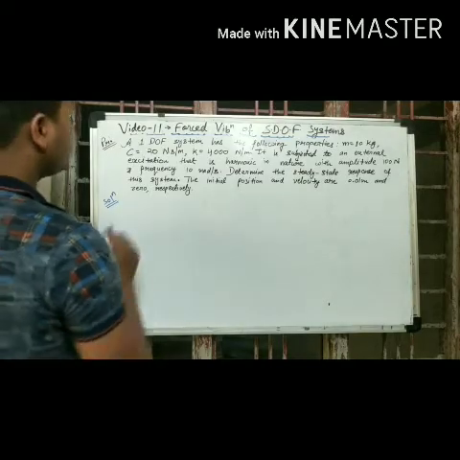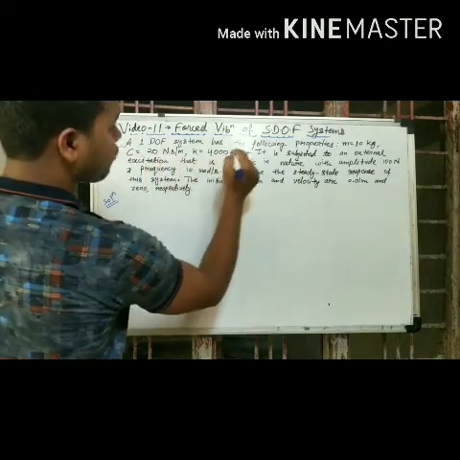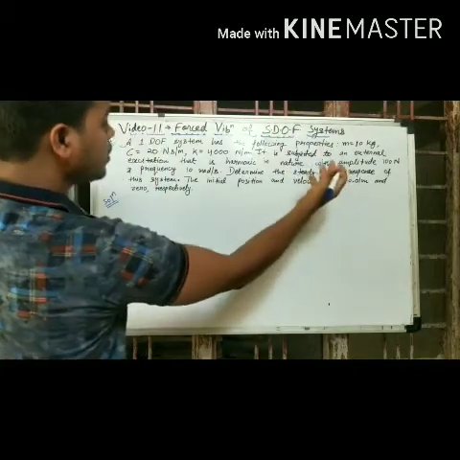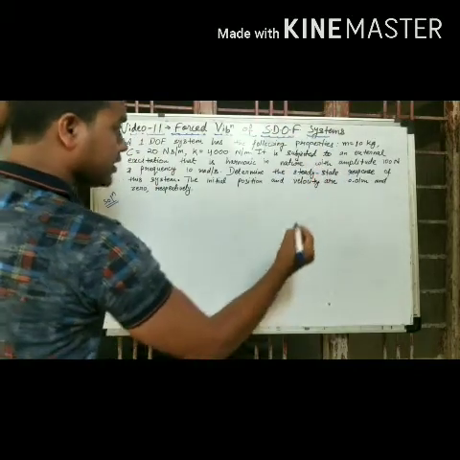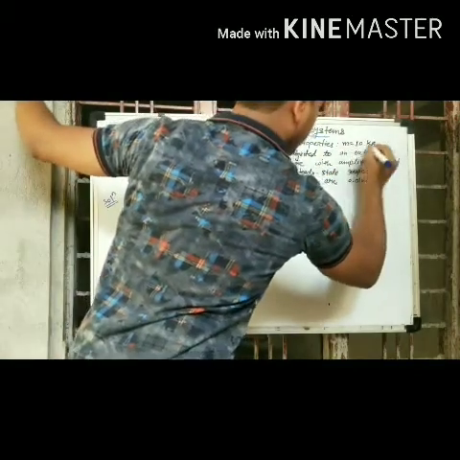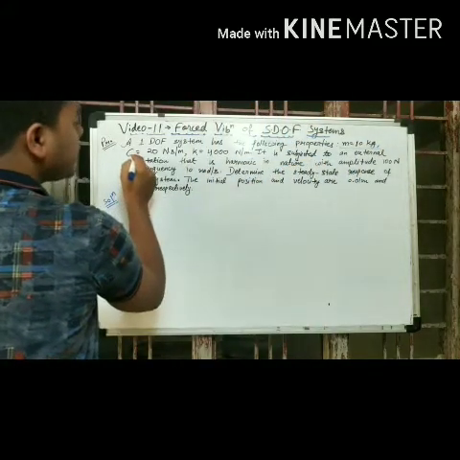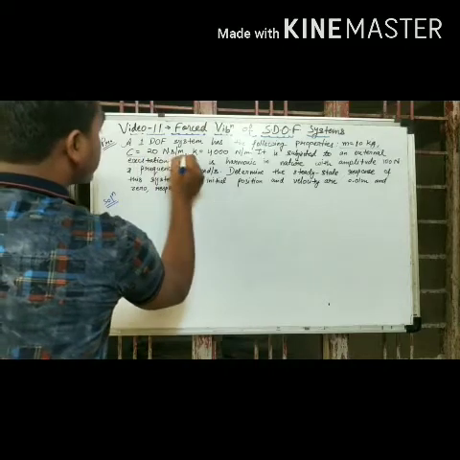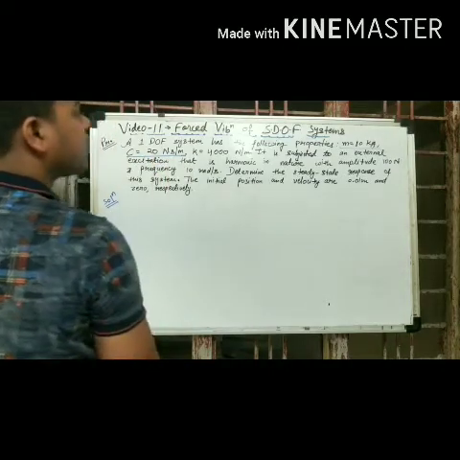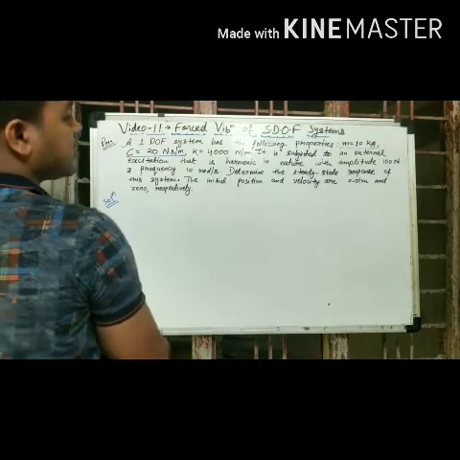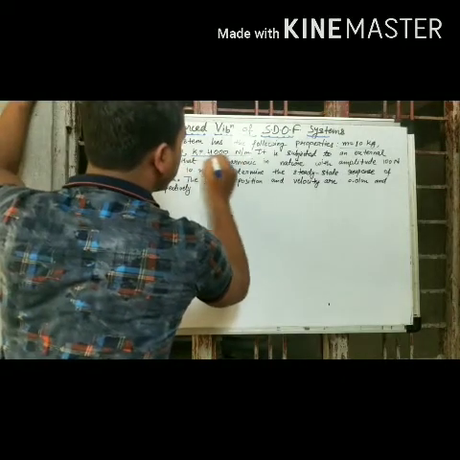So what are the properties of the one degree of freedom system? Its mass is 10 kg. The damping coefficient C is 20 Newton second per meter. The spring stiffness K is 4000 Newton per meter.